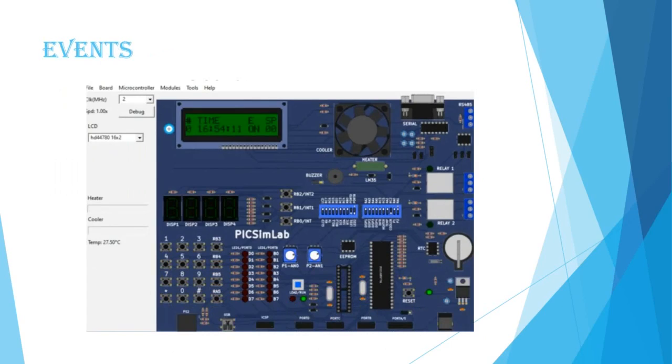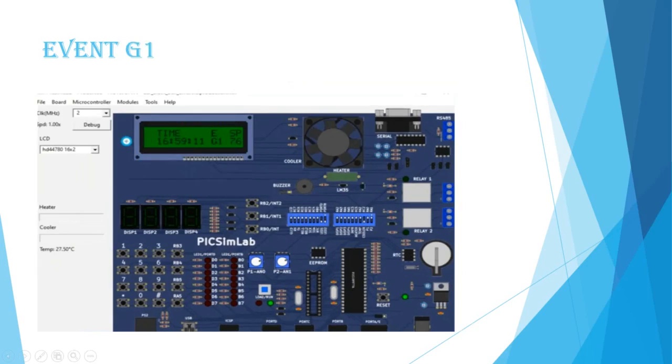Events. There were about 6 to 8 events which were used in this project. It is displayed here under the E. Presently it is displayed as on, and there were various events like G1, which is gear 1.